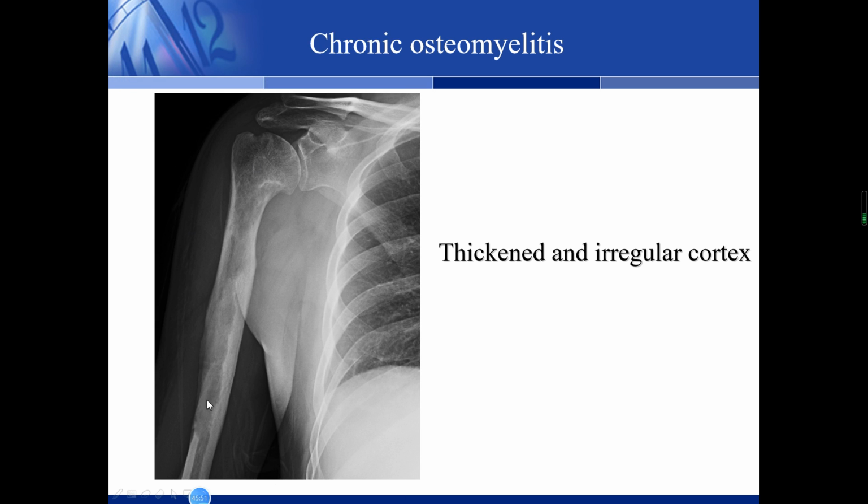And this is another case, and we can find that the cortex is thickened and irregular, with high density in it. So we call it chronic osteomyelitis.